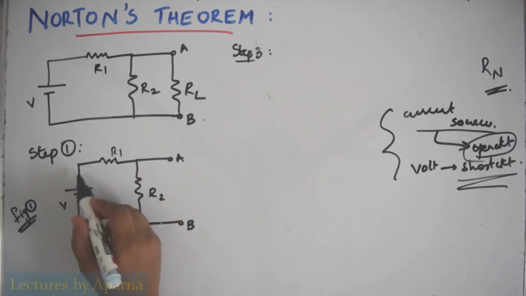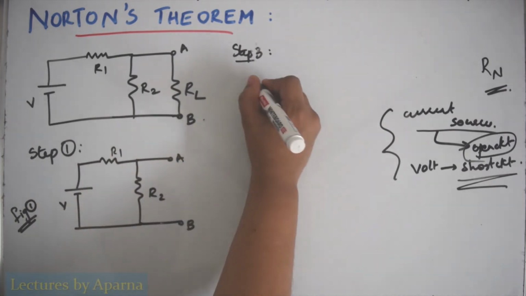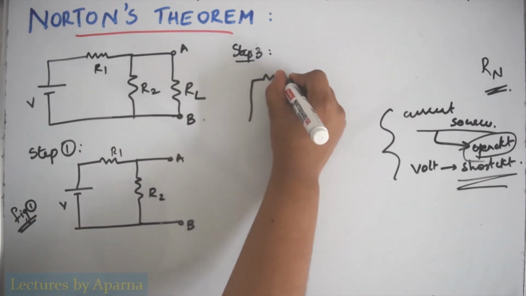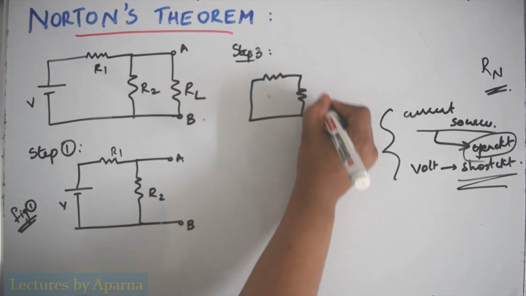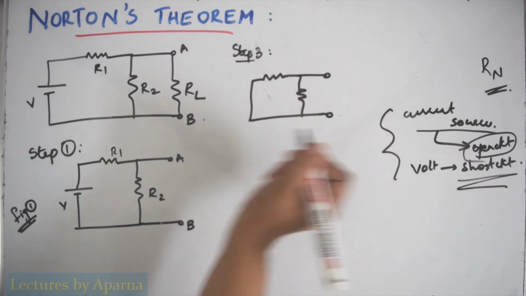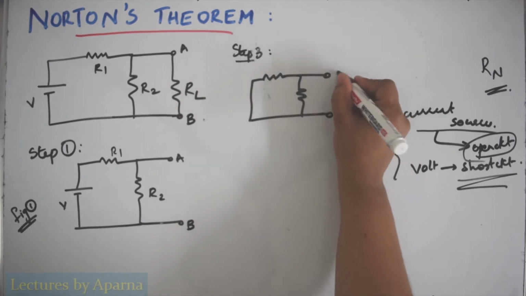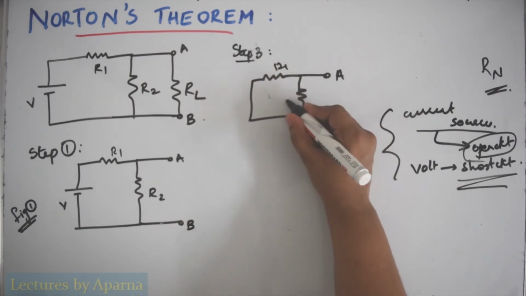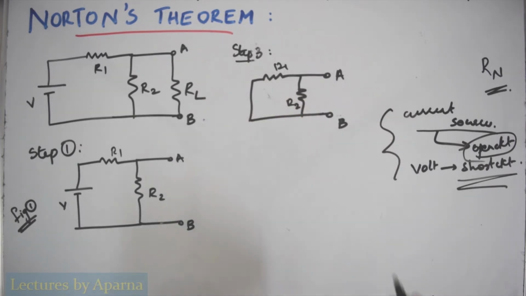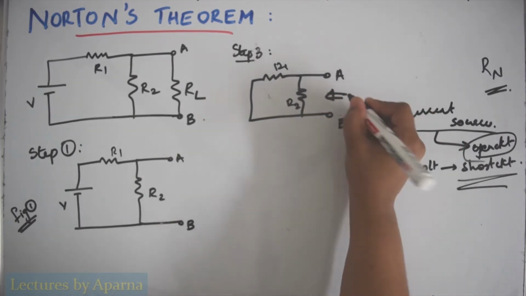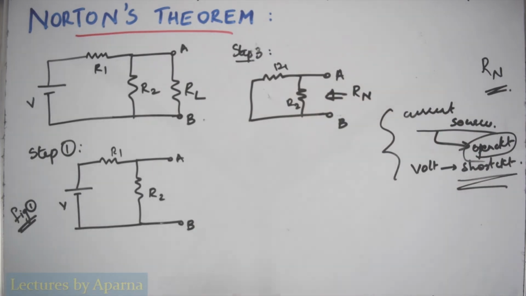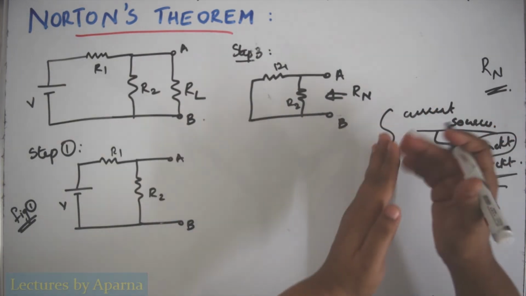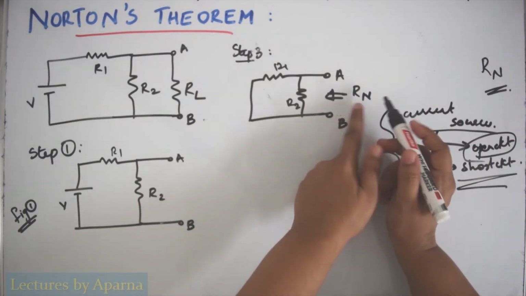So I am short circuiting this voltage source here and this figure 1 will become like this. This is A, B, this is R1 and R2. Now I have to find the Norton's resistance, which is the resistance while looking from this terminal.